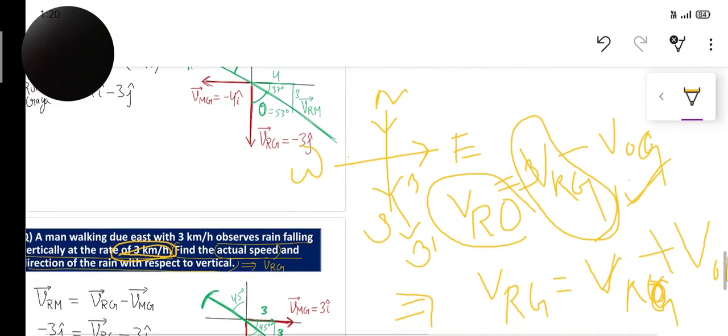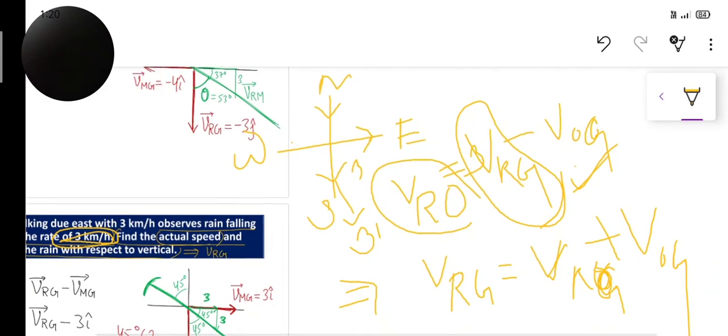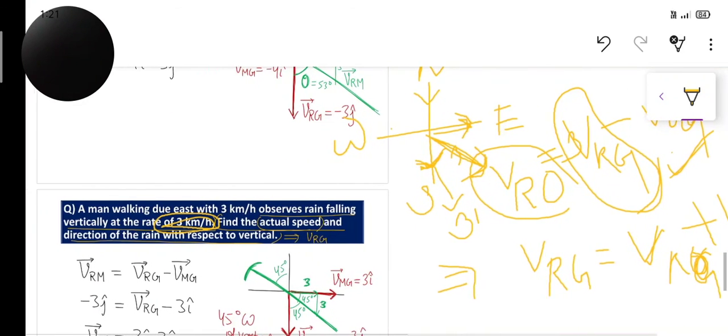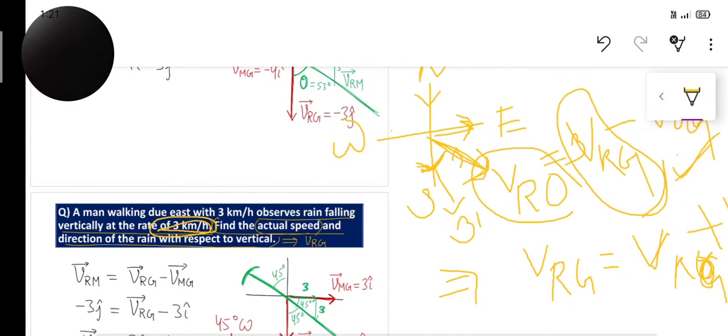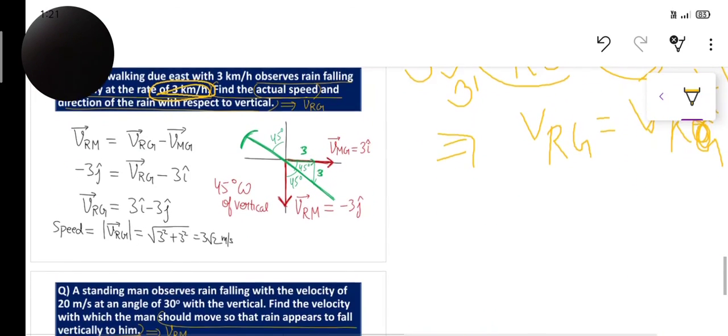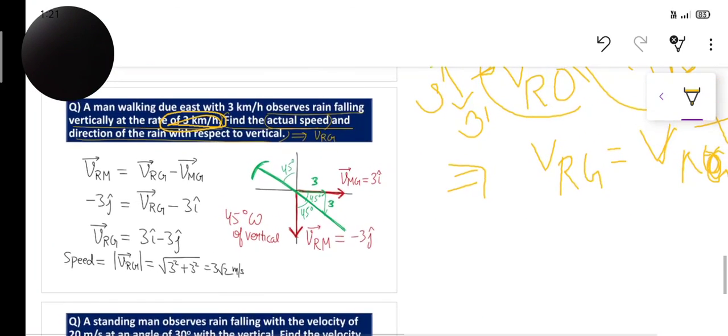Now this is plus, so we don't change the direction. As it is, this is rain with respect to observer and this is the other, so finally this will be the actual velocity of the rain. Whatever the answer, it should be east of south.